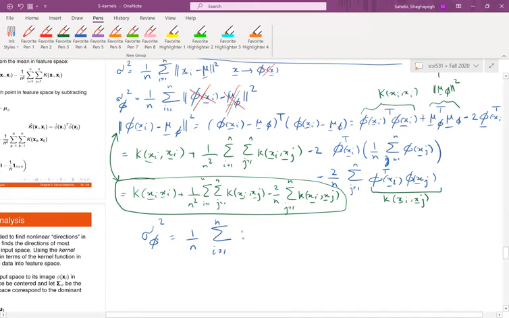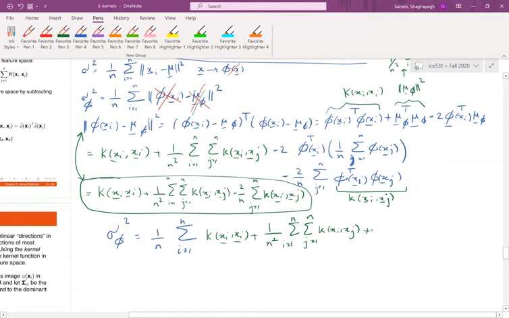So that is k of xi plus 1 over n squared sigma sigma i equals 1 to n, j equals 1 to n, k of xi and xj, minus 2 over n sigma k of xi and xj.